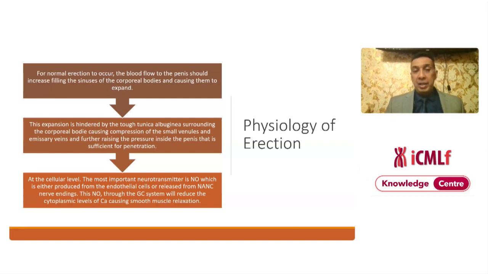At the cellular level, the most important neurotransmitter is nitric oxide, which is either produced from the endothelial cells or released from NANC nerve endings. This nitric oxide, through the GC system, will reduce the cytoplasmic levels of calcium, causing smooth muscle relaxation.